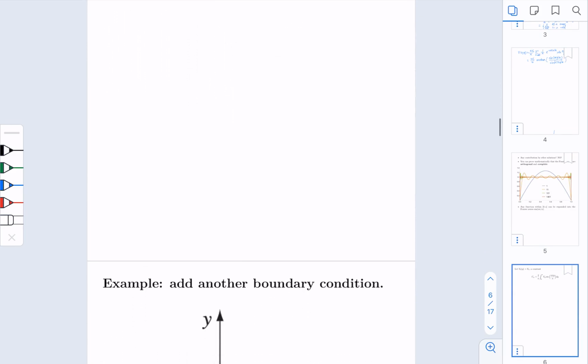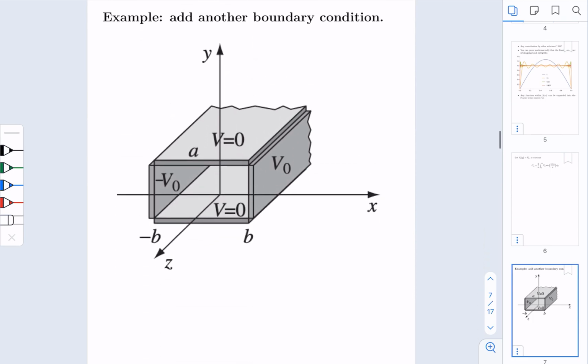Okay, I've finished this part now. Let's take another example. In the previous example, v equals 0 at the top and the bottom, and v is a constant on one edge, while the other end is an open box.